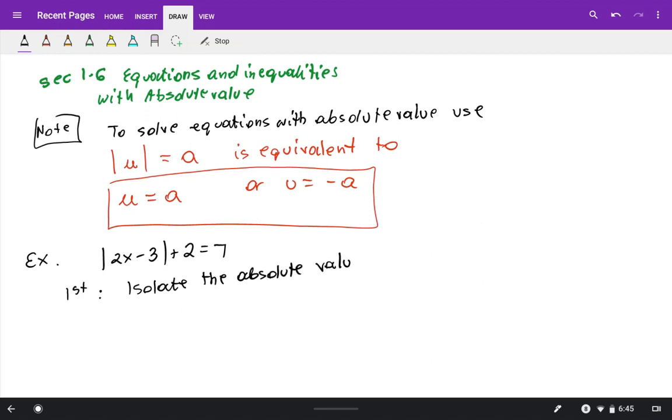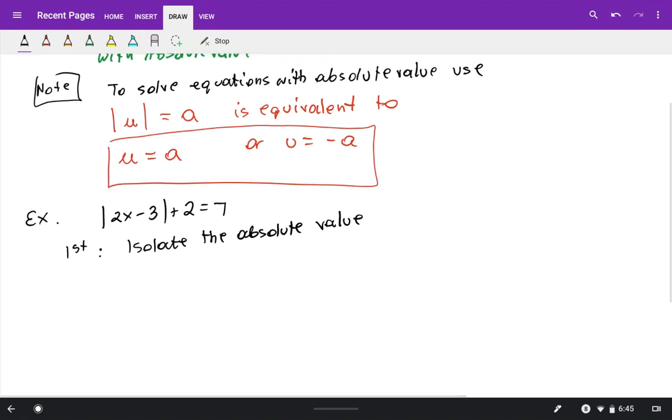What that means is you keep the absolute value only on the left side, and you move everything else to the right side. So that positive 2 has to be moved to the right side. We're going to subtract 2 from both sides, and that will give us absolute value of 2x minus 3 equals 7 minus 2, which is 5.